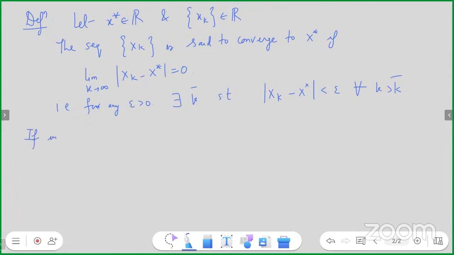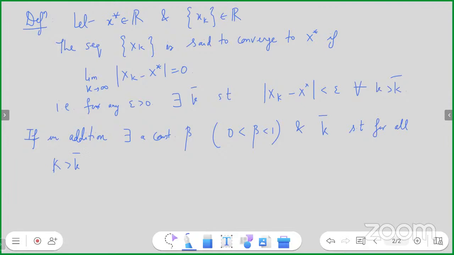If in addition there exists a constant beta, where beta is between 0 and 1, and a k bar such that for all k greater than k bar, we have |xk plus 1 minus x star| is less than or equal to beta times |xk minus x star|.